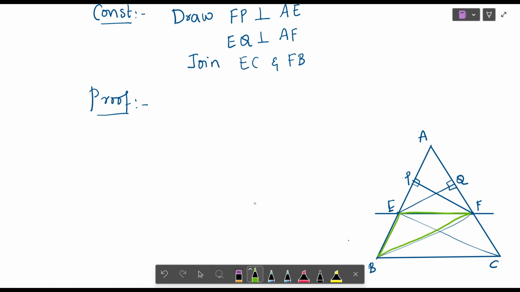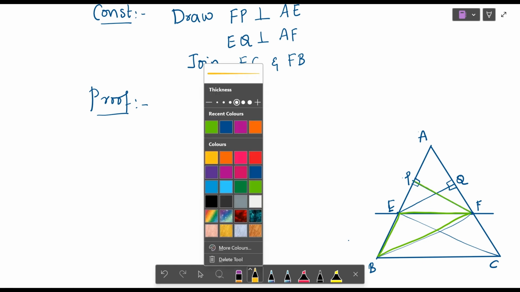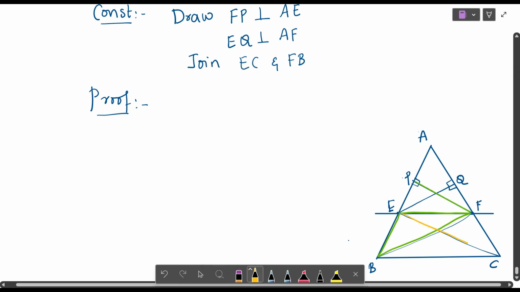If you observe carefully, triangle EBF is an obtuse angle triangle and its altitude will be outside the triangle. Understood? And also another triangle ECF. This is also an obtuse angle triangle and its altitude is placed outside the triangle.